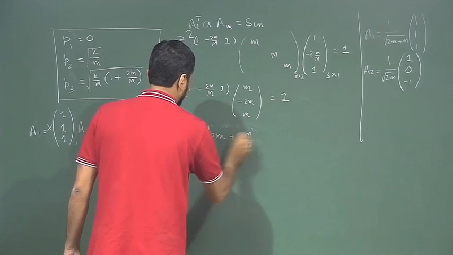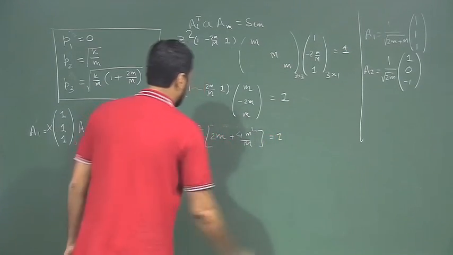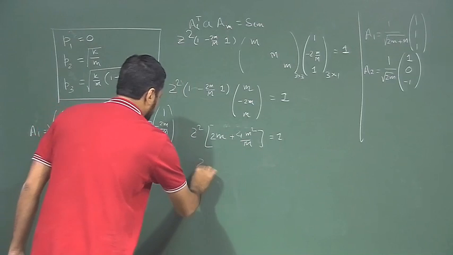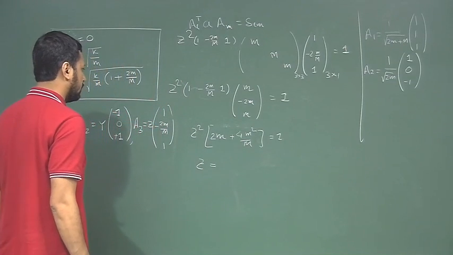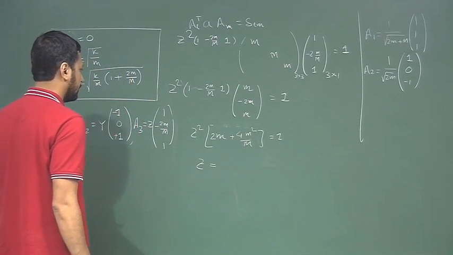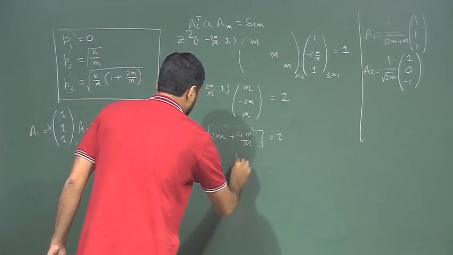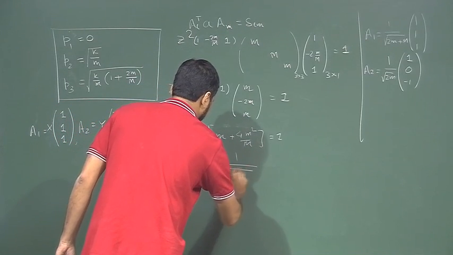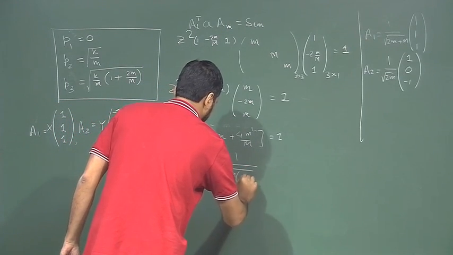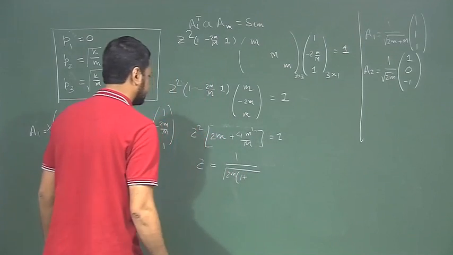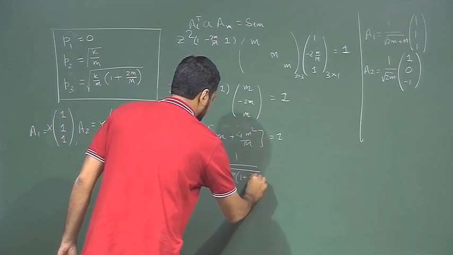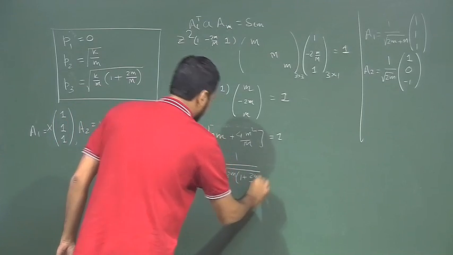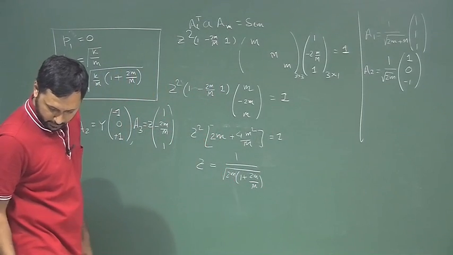So, it will be 2m equal to 1. Okay. So, z will be equal to 1 by root over 2m times (1, minus 2m by M, 1). Is it correct?